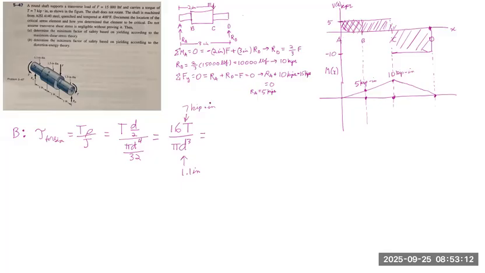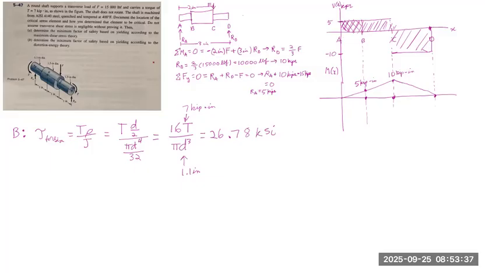So this will give us 16 times 7 divided by pi divided by 1.1 cubed, which is equal to 26.78 kips per square inch, KSI.